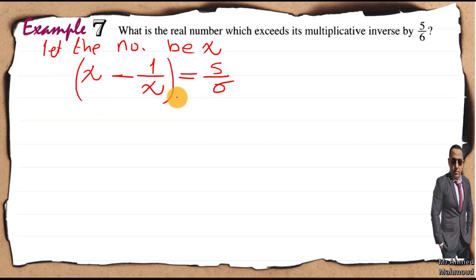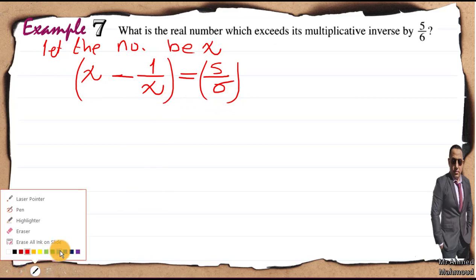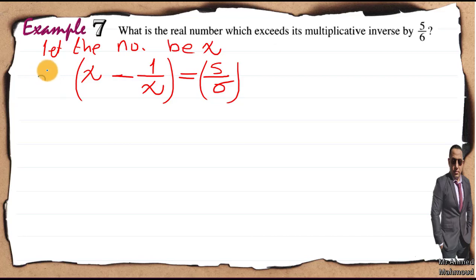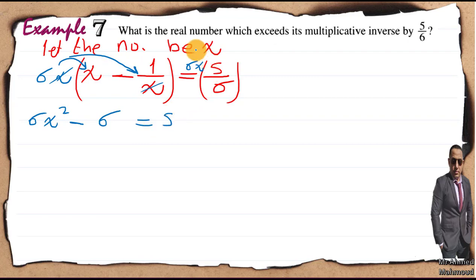Multiply the two brackets by 6x, here times 6x, and here also times 6x. 6x times x equals 6x power of 2. 6x times 1 over x: 6 times 1 equals 6, and x over x cancels, so equals 6x. 6 times 5 over 6 equals 5, because 6 cancels with 6, and I have x already.